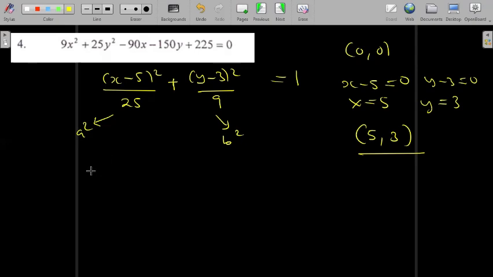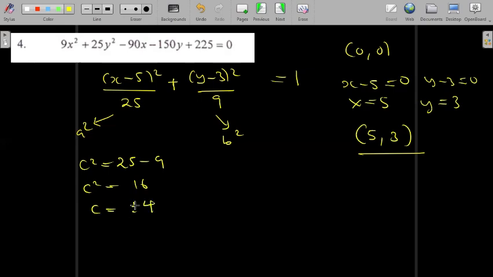So if we can find our c here. We say c squared is just going to be 25 minus 9, and you get c squared equal to 16, and c is going to be plus minus 4.